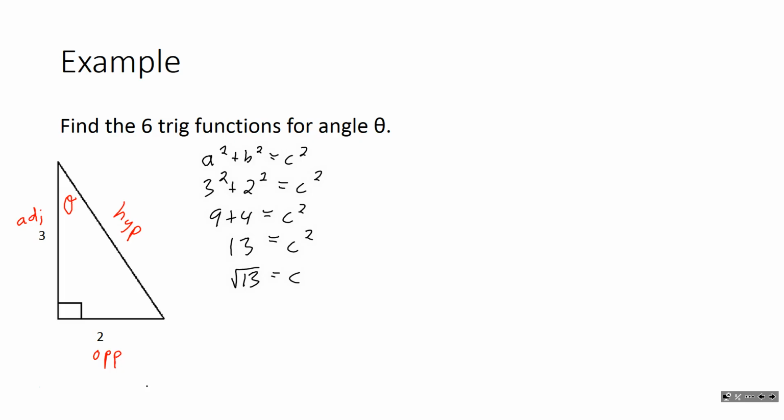Now let's use our definitions to come up with the 6 trig functions. Let's use SOHCAHTOA first. By the way, I might as well put that number we got on the triangle, make it convenient for us. Hypotenuse there. All right, now back to what I was saying. SOHCAHTOA.